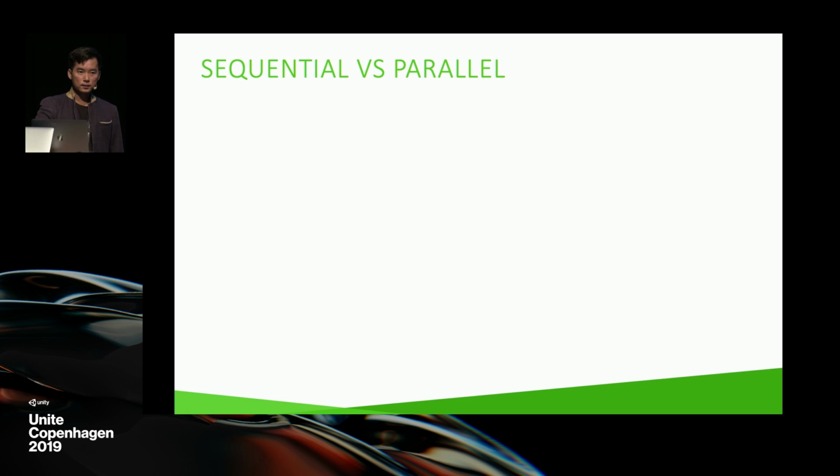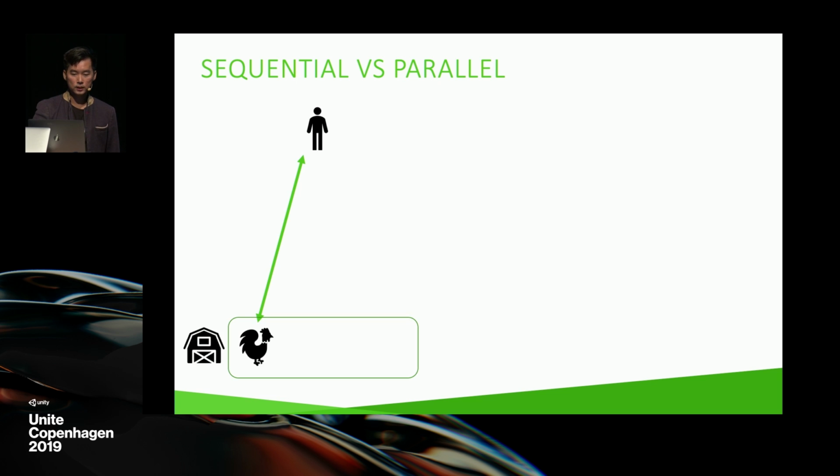In Unity ECS, it is not required, but it's encouraged that you do more parallel programming to unlock the full potential. In the regular Unity world, you mostly do sequential programming on the main thread. Let's say this guy is your main core CPU.